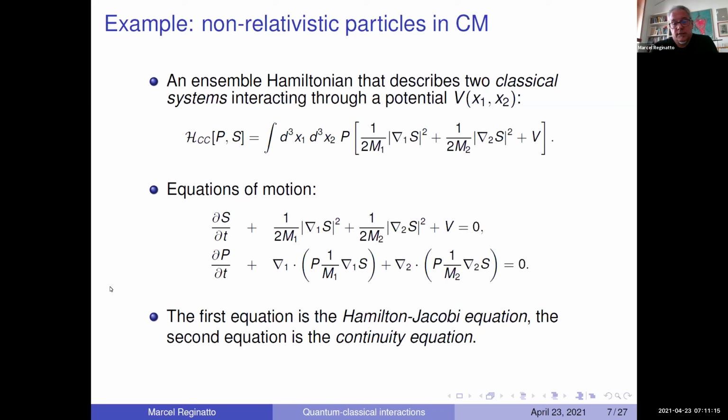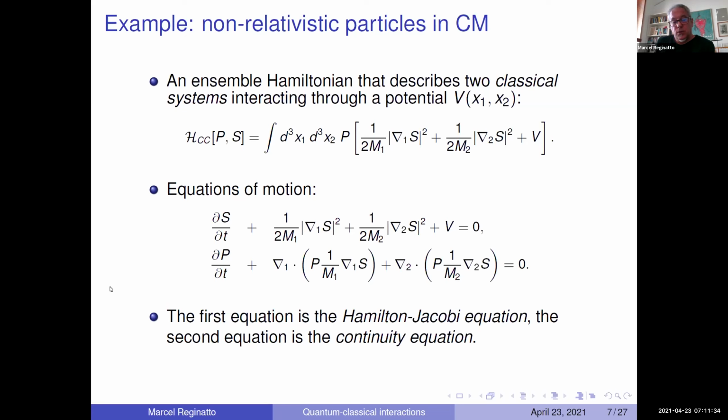And if you look at the Hamiltonian equations of motion, when you look at the time derivative of S, you get the Hamilton-Jacobi equation. And if you do the other variation, then you get a continuity equation for the probability.